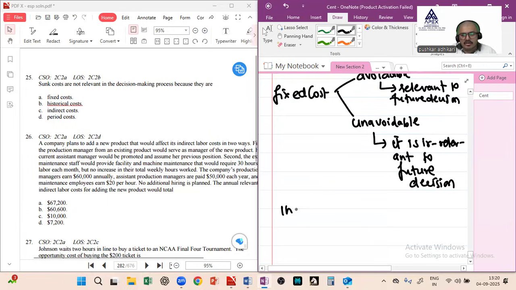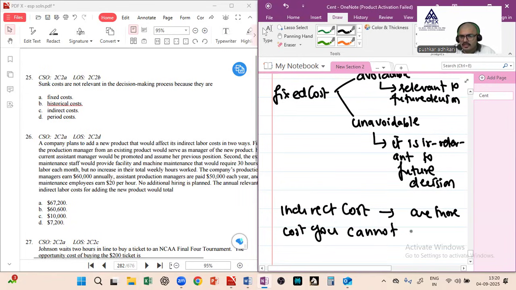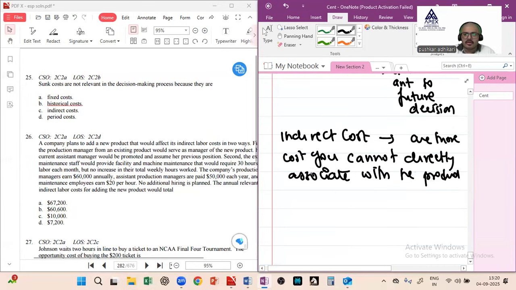What is an indirect cost? Please try to understand the meaning of the term indirect cost. Indirect costs are those costs you cannot directly associate with the product. Indirect costs are also known as overheads.